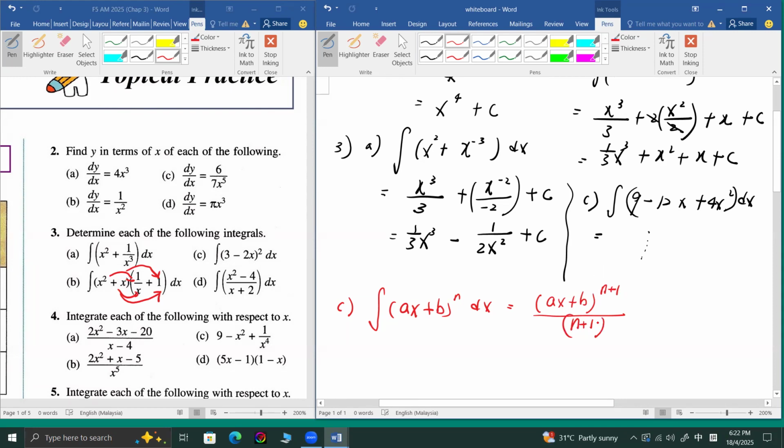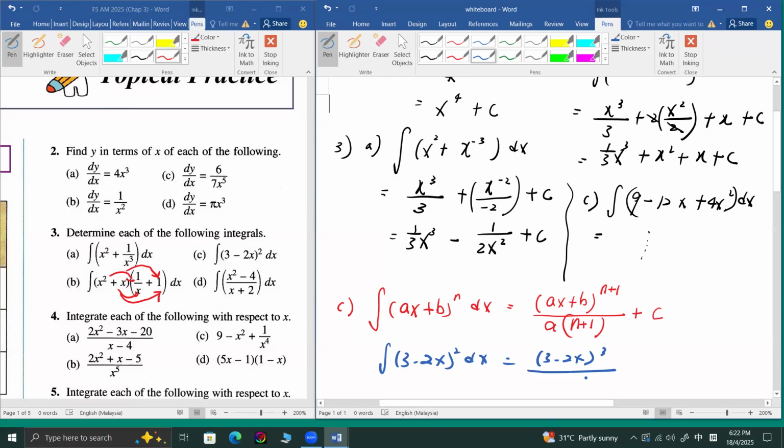Okay, next. You see the coefficient of x here, right? So you differentiate the bracket here with the a, right? So you apply a. Okay? So you plus C. Okay, got it? Look at C, class. So copy the bracket, power plus 1.